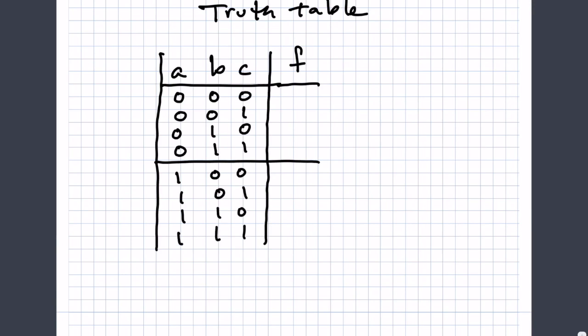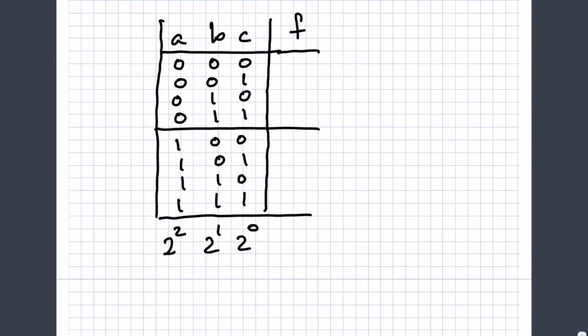Okay, and so we write this down in this order, and I just want to show you this real quickly. If you take the A column here to be weighted by 2 to the second, and the B column to be weighted by 2 to the first, and the C column to be weighted by 2 to the 0, you can actually turn these variables into a binary number. All right, so for example, if I was looking at, say this row, there's a 1 right here.